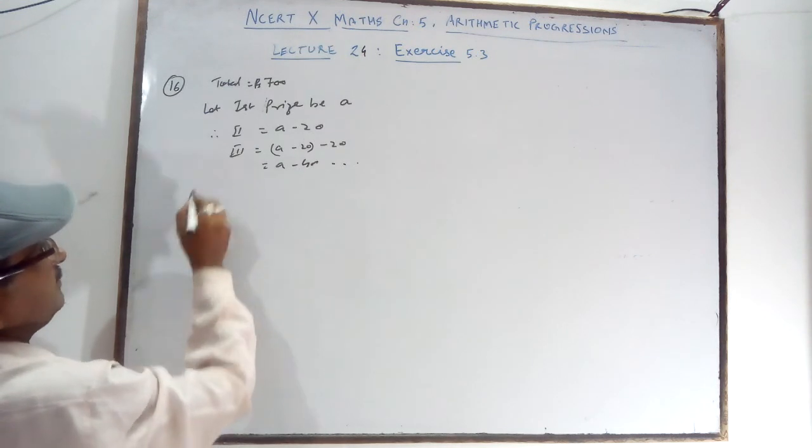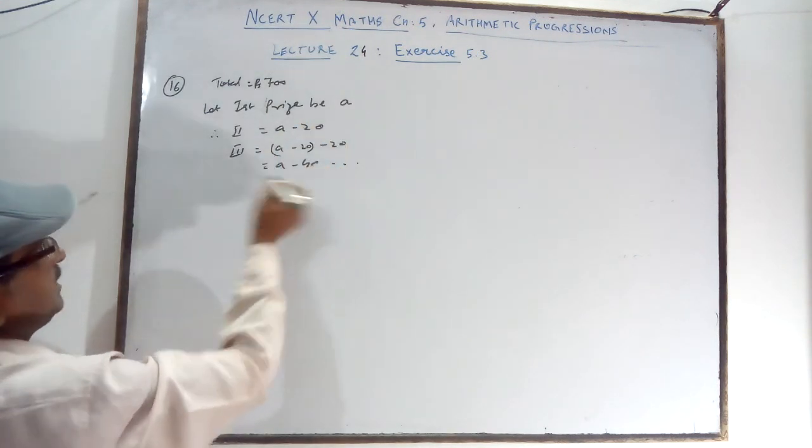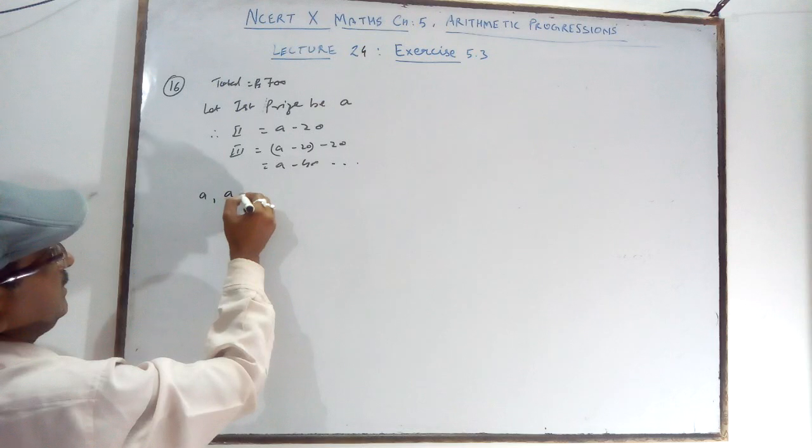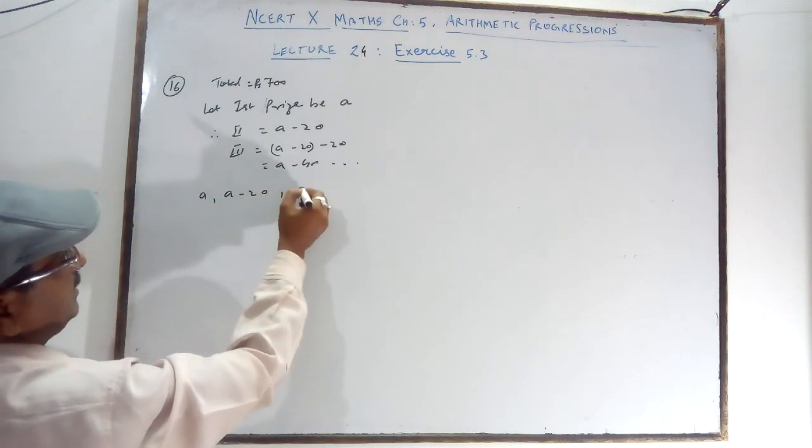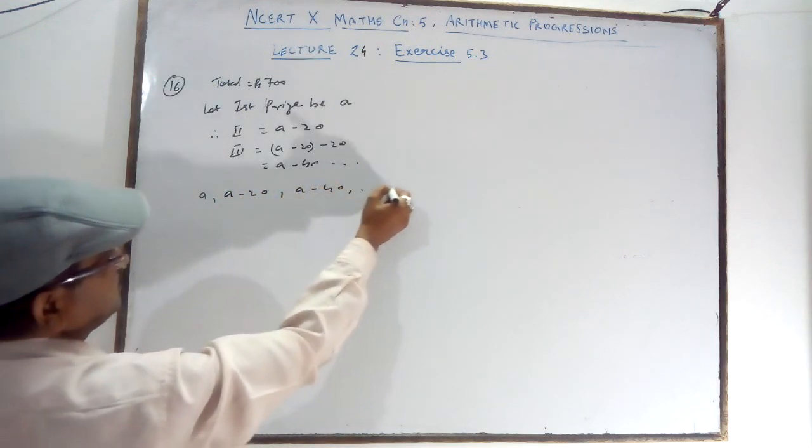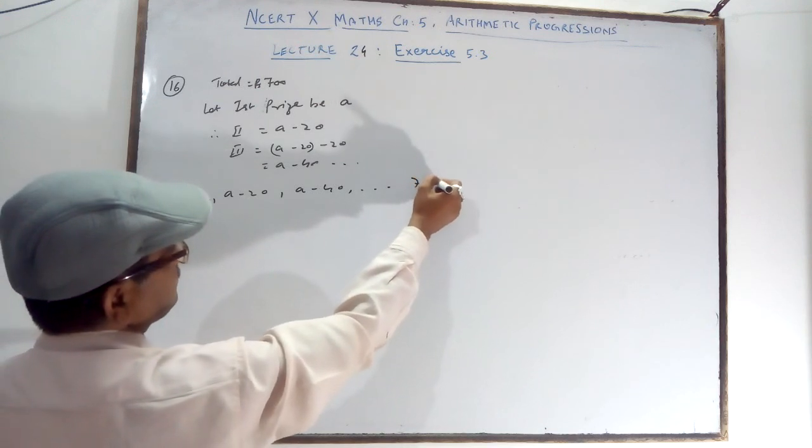So you are getting first prize, second prize, third prize: A, A minus 20, A minus 40, up to the 7th prize.